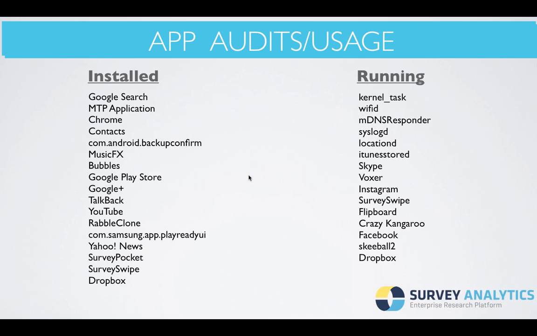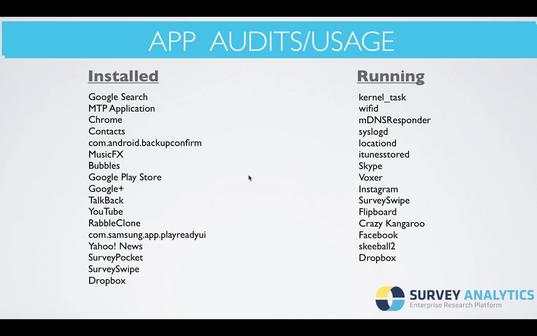For instance, you might want to know that everybody's got Yahoo News installed, or try and find people that have got that, or Bubbles, or Music FM. But this is mixed in with 30 or 40 or 50 other pieces of information. So one of the things we're working very hard on is how to make this information more relevant and how to filter out the noise. So that's looking at what was installed on an Android phone.